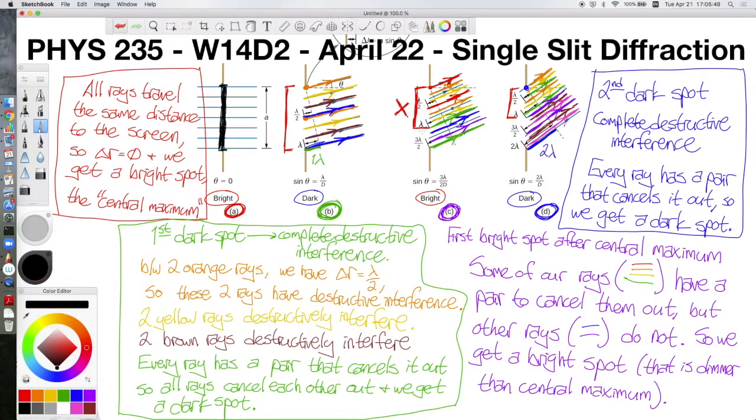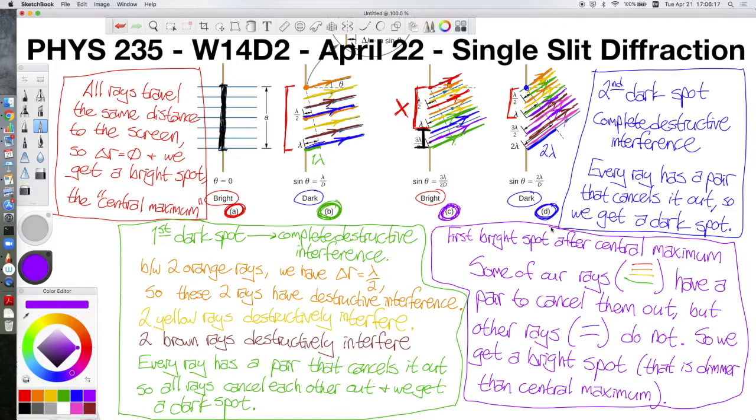So it's only as bright as the light that makes it through this bottom third of the slit is. So we don't have as much light getting through. It's not the entire slit width's worth of light, it's just a third of the slit width's worth of light. So that should convince us that this maximum should be dimmer, and it is based on the diagrams I showed you on the previous pages.